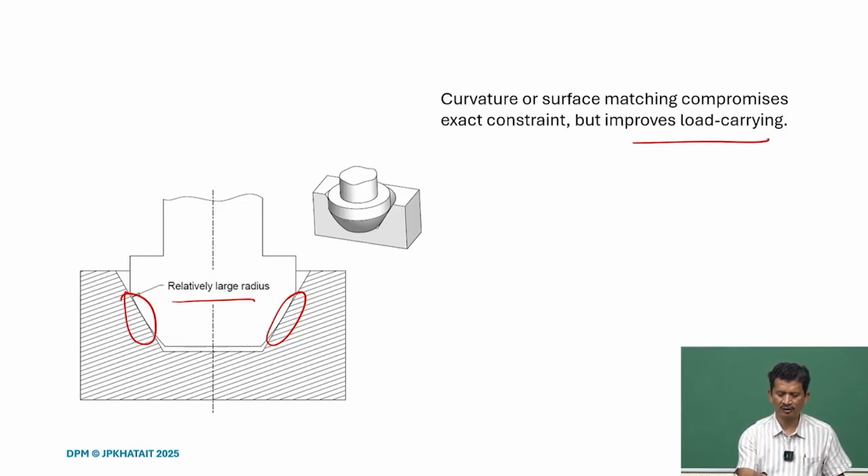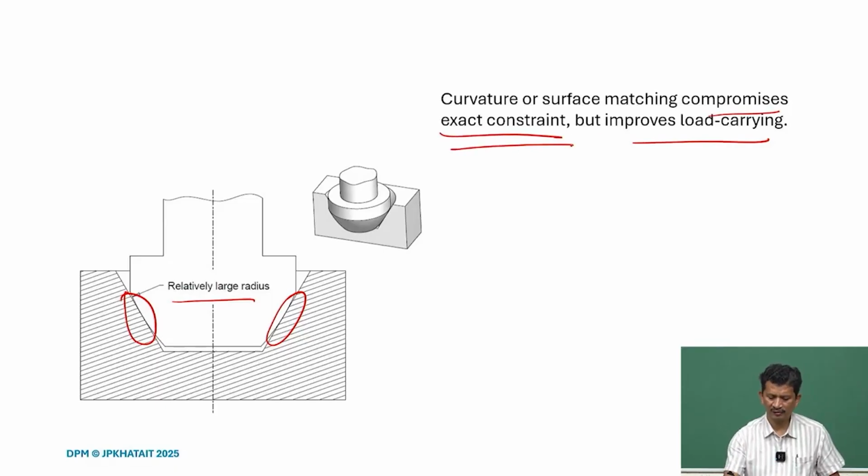Curvature and surface matching, of course, compromise the exact constraint, but at the same time improve the load carrying capacity. So, we have to be aware of the consequences wherever we deviate from exact constraint design.